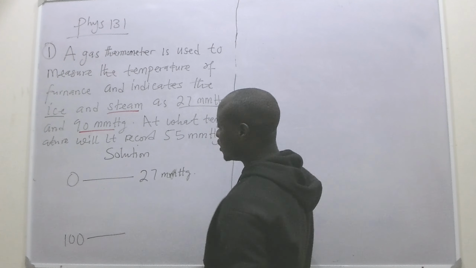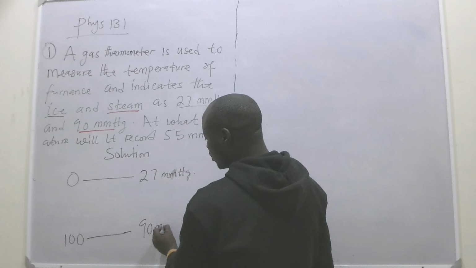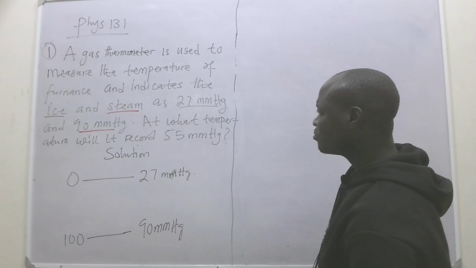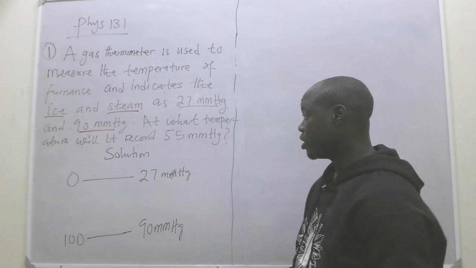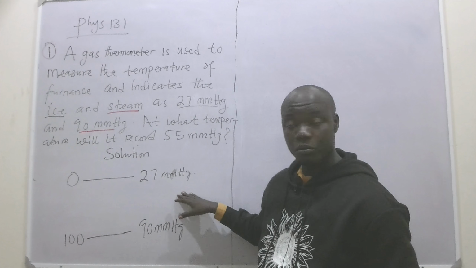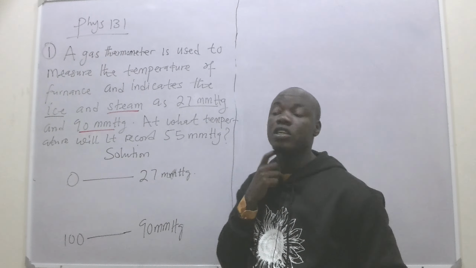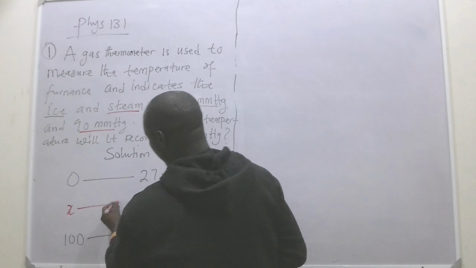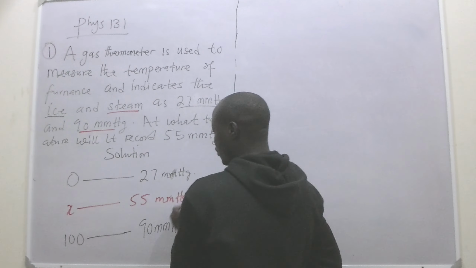So at 100 degrees centigrade, we have a pressure of 90 millimeter mercury. At what temperature would it record 55 millimeter mercury? So if at 0 degrees centigrade we have 27 millimeter mercury, and at 100 degrees centigrade we have 90 millimeter mercury, then what temperature would be equivalent to 55 millimeter of mercury?